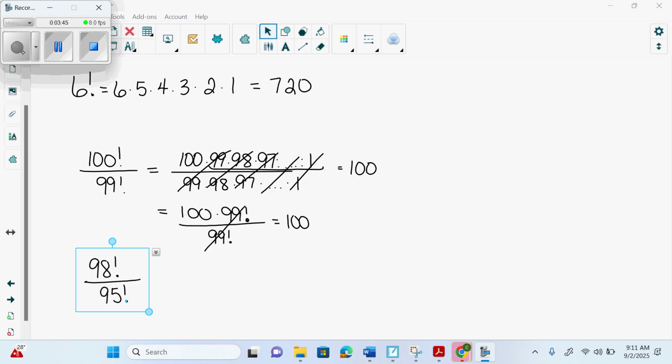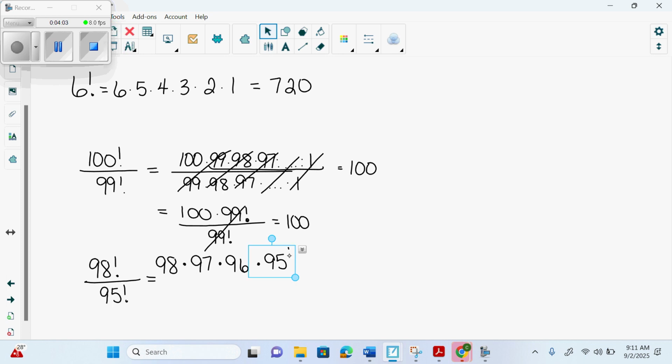Numerator. So we have 98 times 97 times 96 times 95. Now it matches, correct? 95 factorial, then all over 95 factorial. They cancel off.